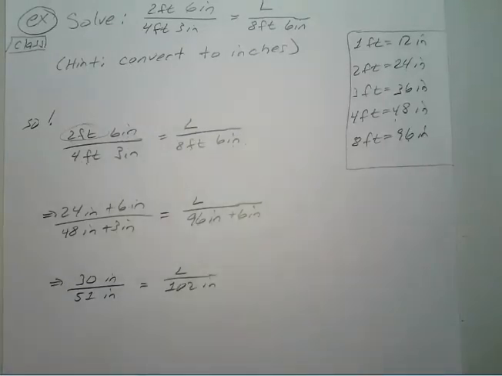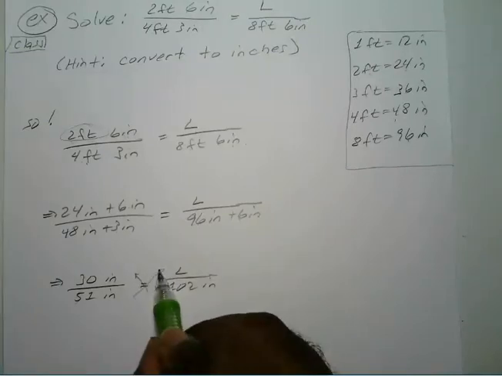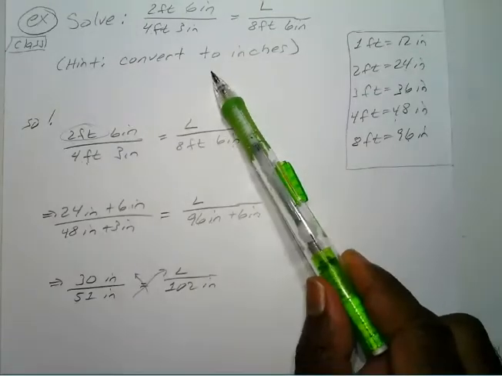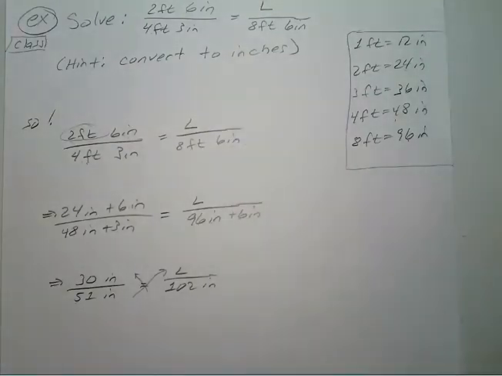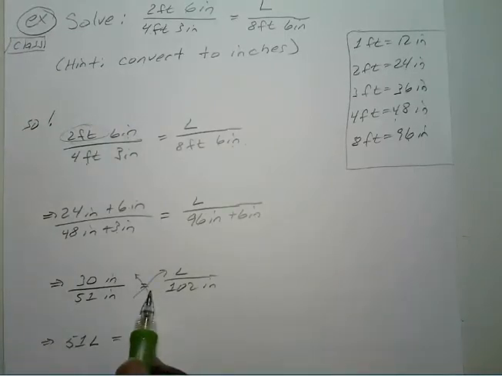All right, so now they're all the same unit of measure. We don't have feet and inches all mixed together. They're all one solid unit of measure. So now we go ahead and we cross multiply. Okay, so that's why we had the hint of convert to inches. Okay, so you have 51 times L is equal to 102 times 30.